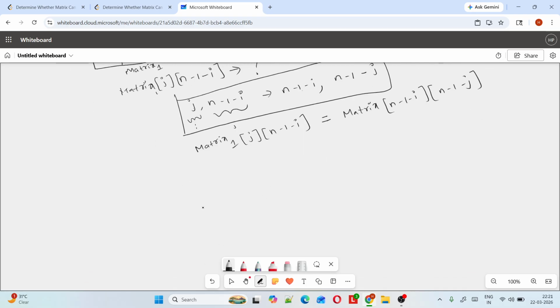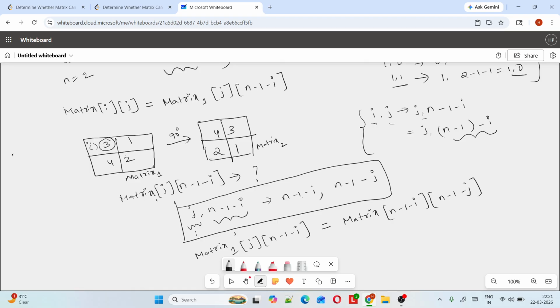Okay, that means here this is our original matrix 1, 2, 3, 4. If you rotate this by 90, you got this one. Okay, that means 90. If you rotate this by 180, that looks like this, same as this one, 4, 3, 2, 1.